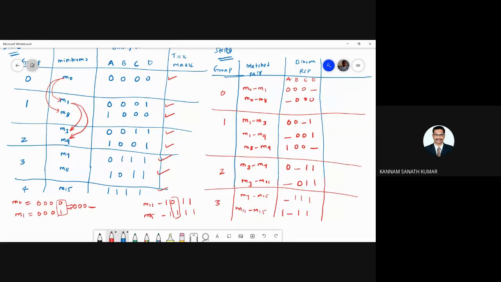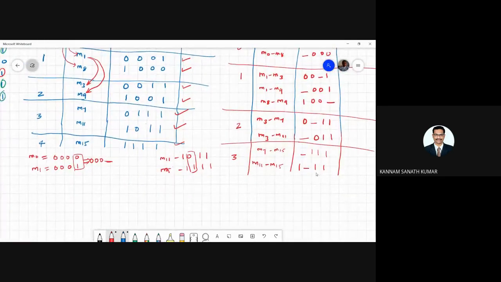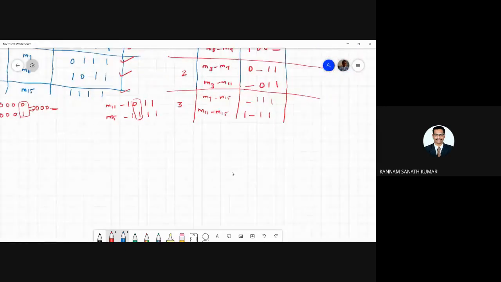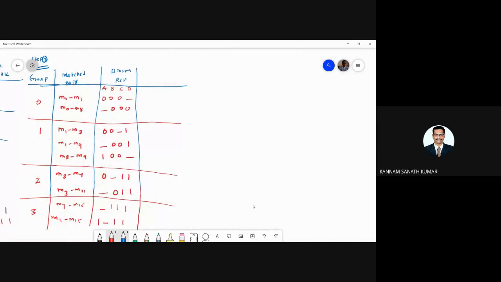Grouping the minterms present in the nth group and the n plus 1th group, you will get step 2. Now what you should do: I will draw side by side so you can understand. In step 3, you have to use the table from step 2 and draw it in step 3.